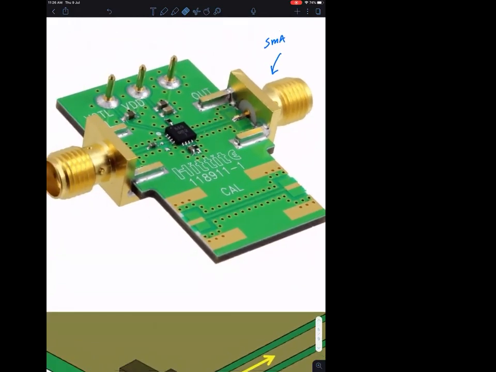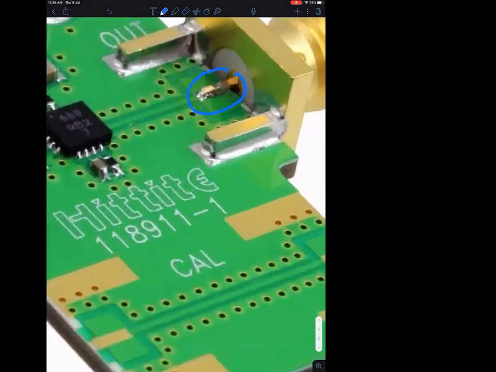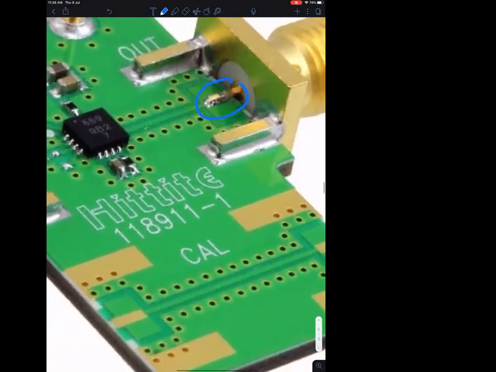Please take note of this. It looks like bad soldering, you see. But that's how there's a transition there. The pin is connected to the microstrip board. Signal is transferred from the pin to the microstrip. There is definitely modeling required.